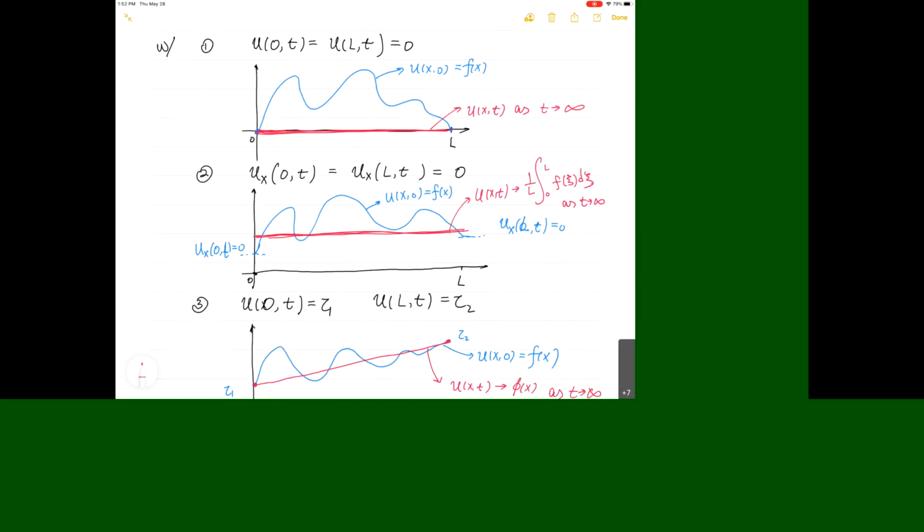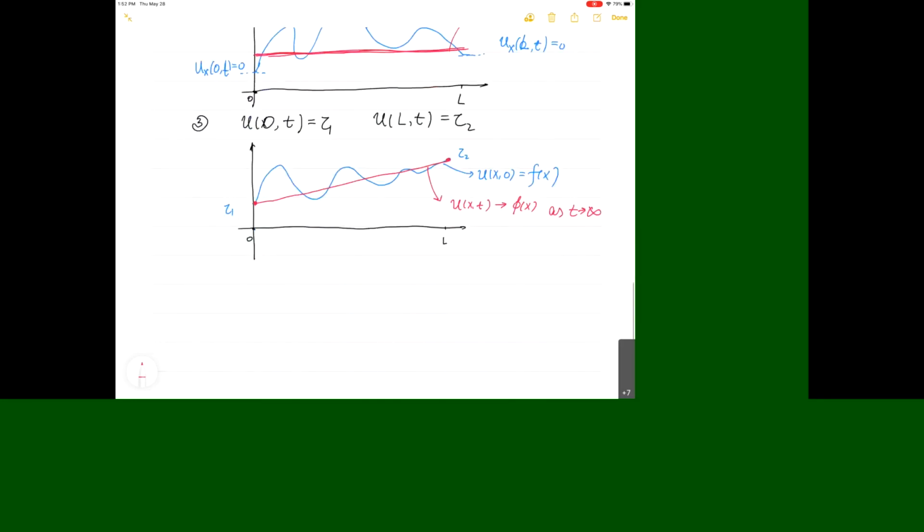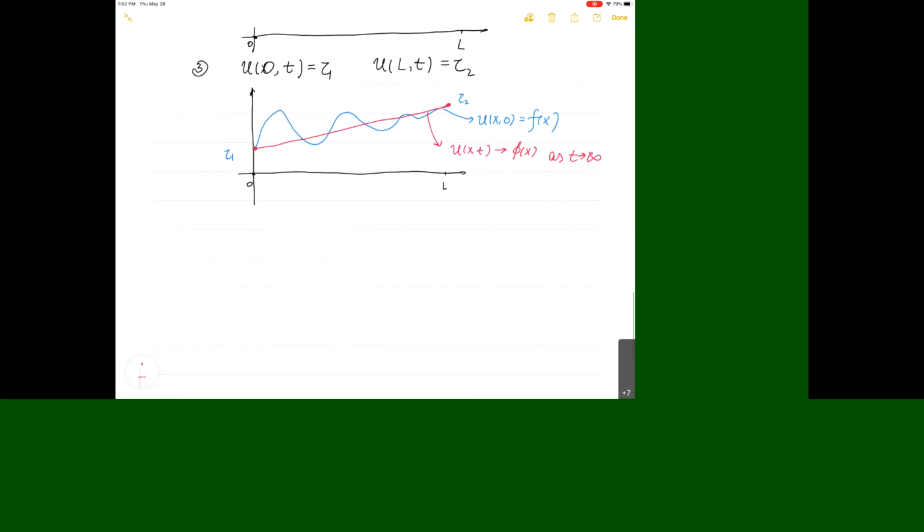It's the average of the initial condition. And in the last one it's the linear function connecting these two ends. So different boundary conditions give us different physical pictures. That's the message I want to deliver, so we have to carefully look at the boundary conditions.